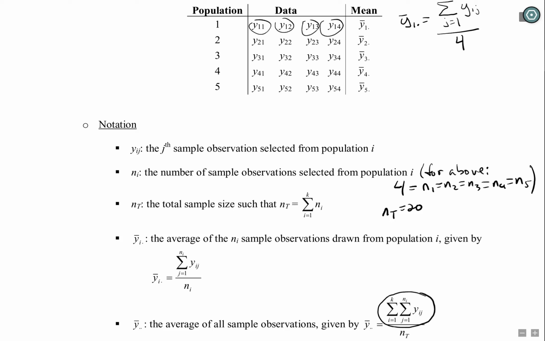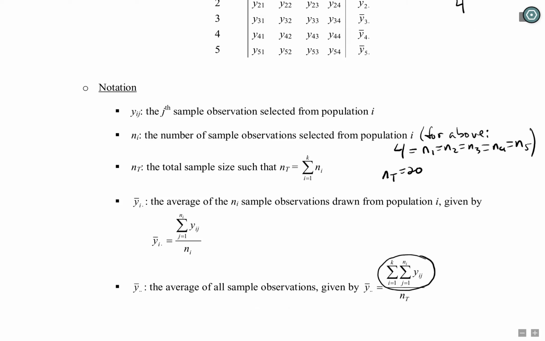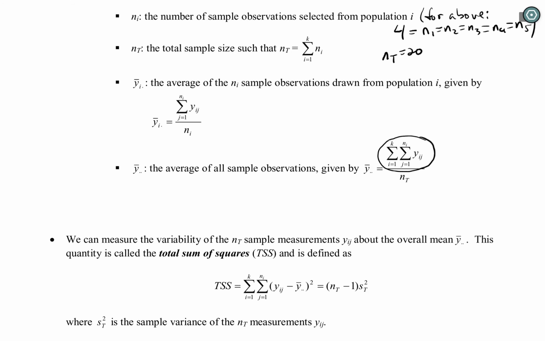That represents the first inner sum. Then add that to the sum of these 4, then add it to the sum of these 4. And without getting into a lot of mathematical jargon, the double sum just basically means you add up all the observations from this data set, you divide by the total sample size, and that of course gives you the overall sample mean. Okay?